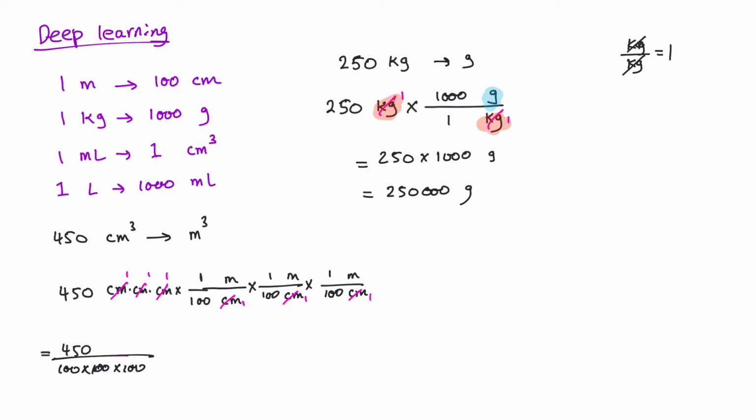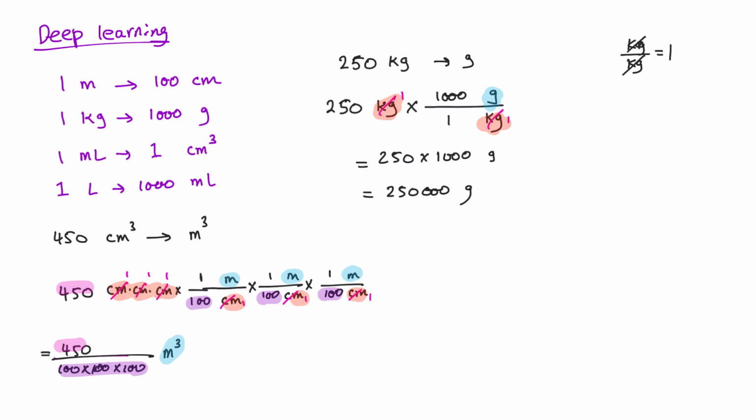Just to highlight things so that you can see it a little easier, that's the 100. The 450 is this value over here. And I've now gotten rid of all of these. These are all removed. What I'm left with is meters, meters, meters, which make a cubic meter, and I'm just going to highlight this as meters cubed.